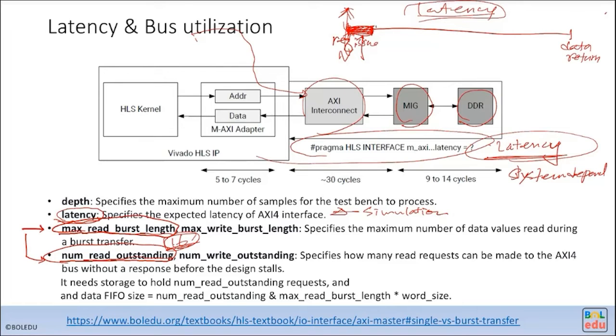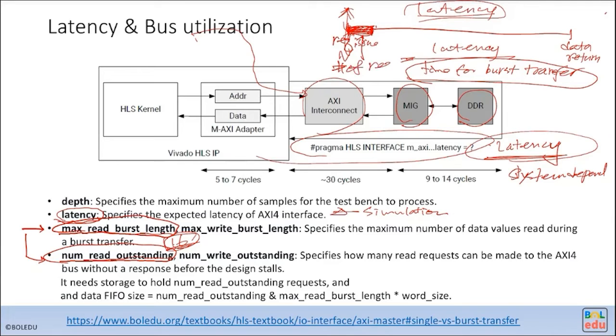Then you can divide the latency by the time for the burst transfer, for a request burst transfer. Then you can calculate. So if you have a longer burst, then you can have fewer outstanding requests.